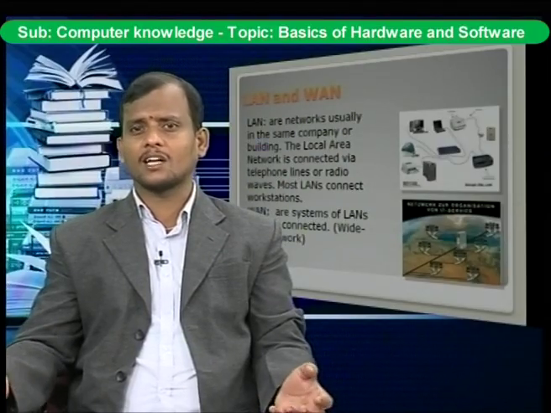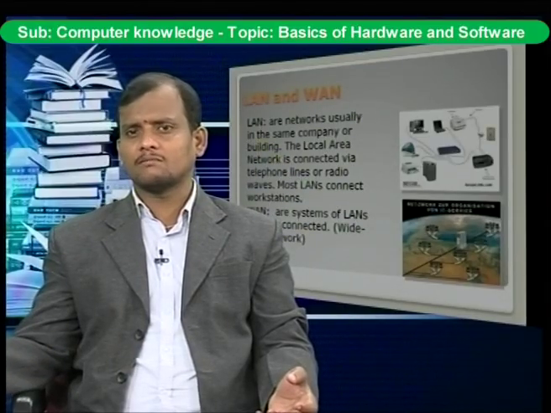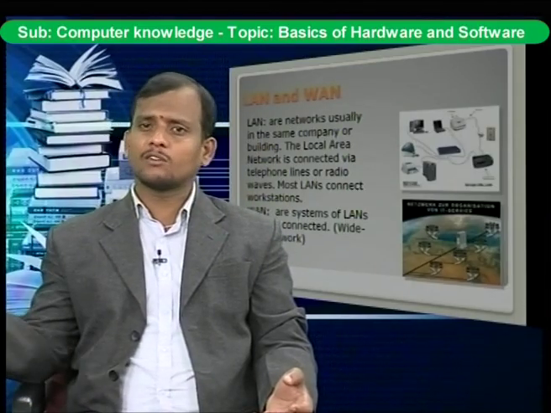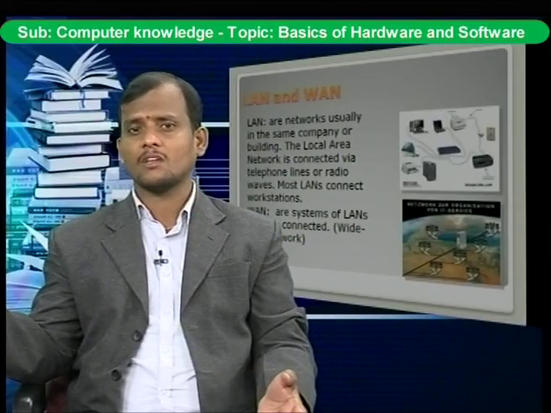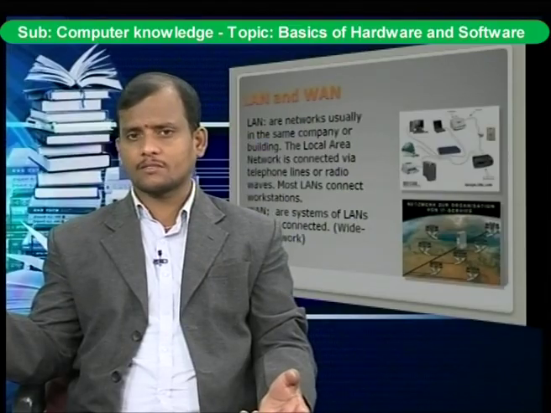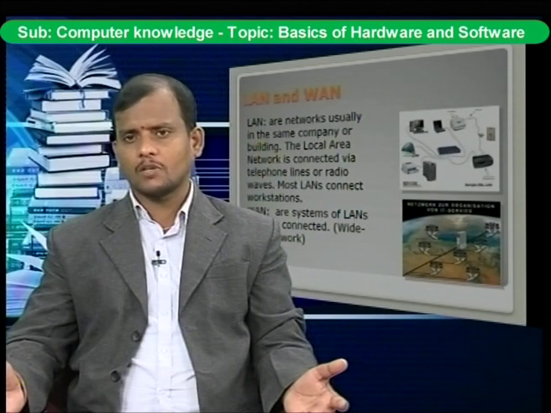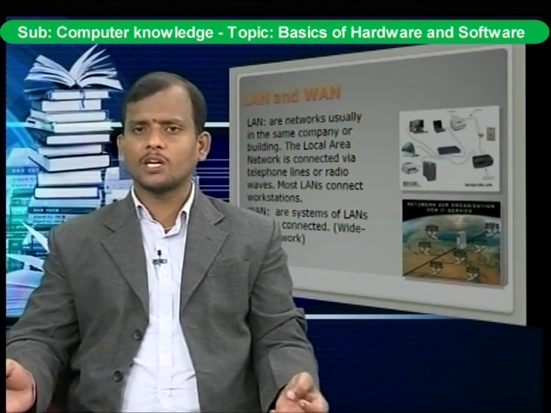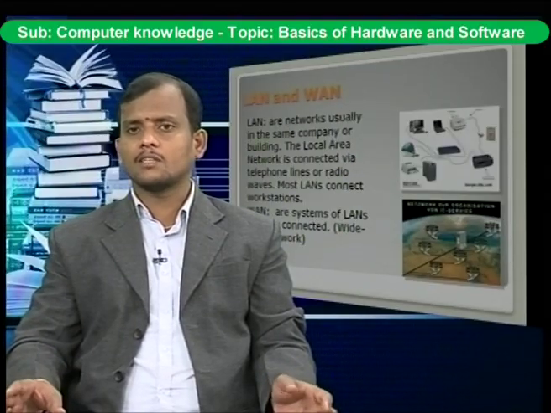You are connecting all LANs. When I say LANs, devices within a building are a LAN, and we have LAN 1, LAN 2, LAN 3. Connecting all of them is called a WAN, wide area network. The scope would be more. In the LAN case we have only limited scope, where you can connect within the building.